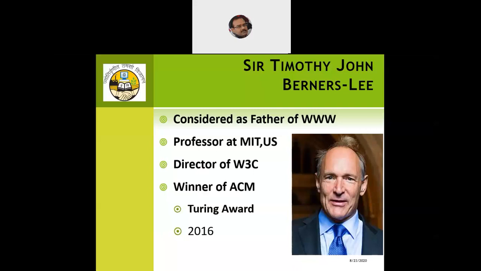In the same way here it can be given to one person or multiple persons together. So for his contribution in the field of web technologies, Tim Berners-Lee got this award in 2016. Before 2000 he had already done his work, so after 15 years he got the award for his outstanding work.